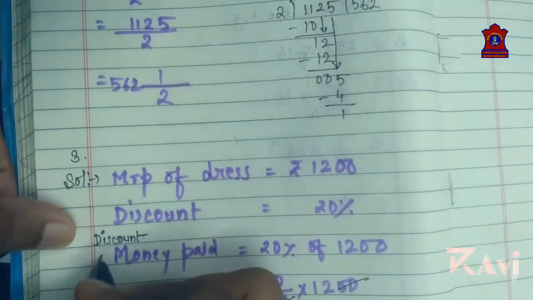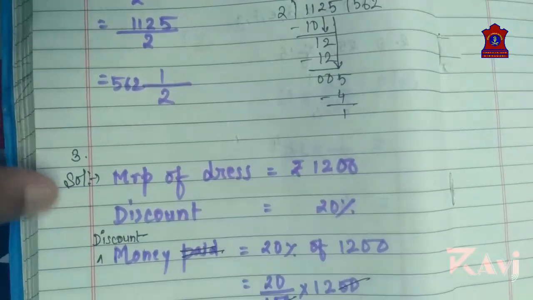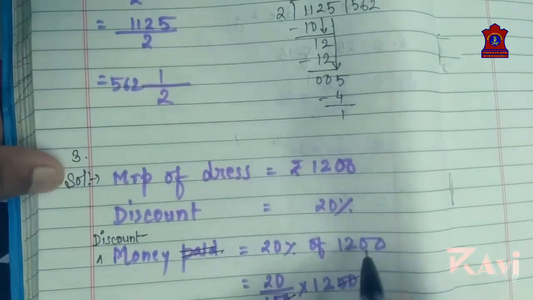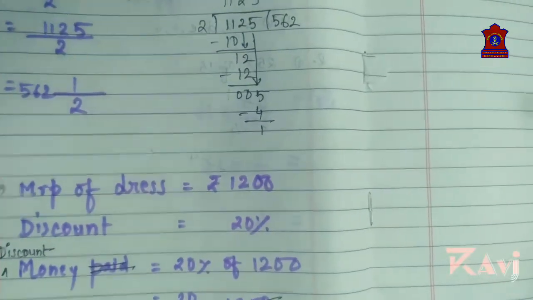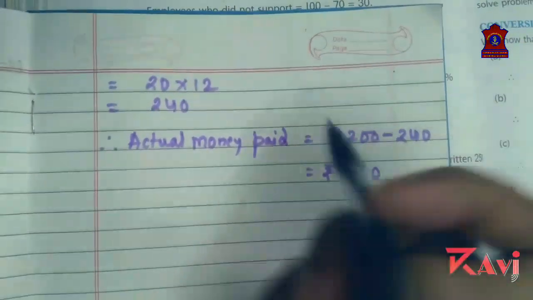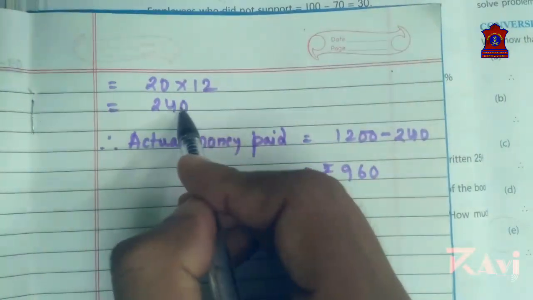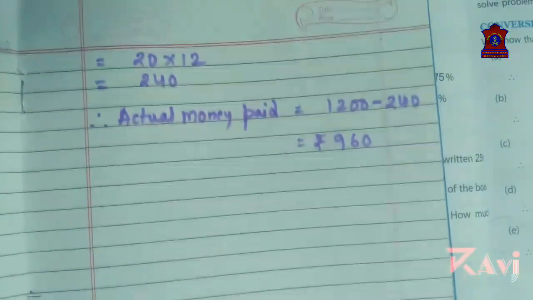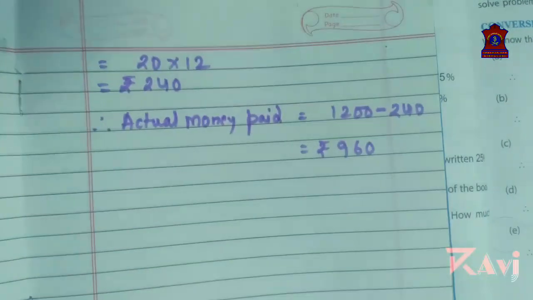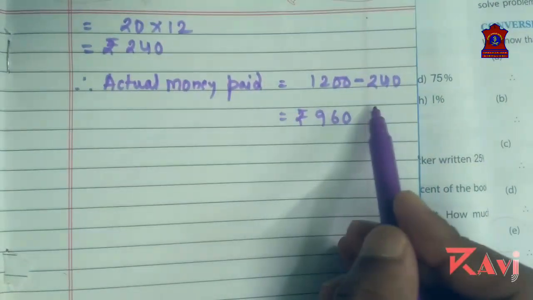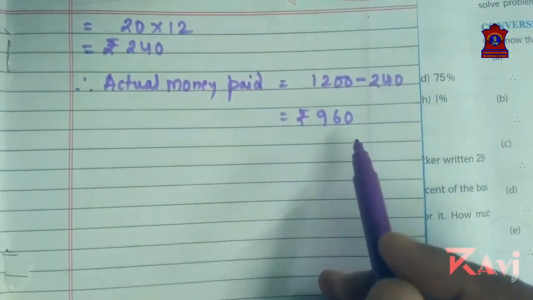Don't write money paid. Discount money is 20% of 1200, which is 20 upon 100 into 1200. Okay, now 20 into 12 is 240 rupees. 240 is the actual discount. Therefore, actual money paid is 1200 minus 240 equals 960.